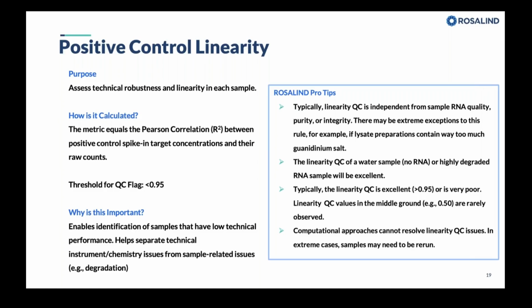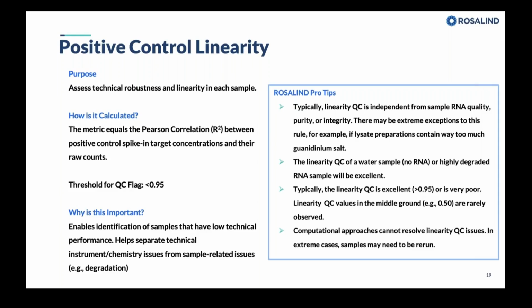Essentially we just compare the concentration of all of these spike-ins, positive A through F, and their raw counts. We do a correlation analysis and calculate the R squared from the Pearson correlation analysis. The threshold for this flag is that if this R squared is less than 0.95, then we'll flag it for questionable linearity.